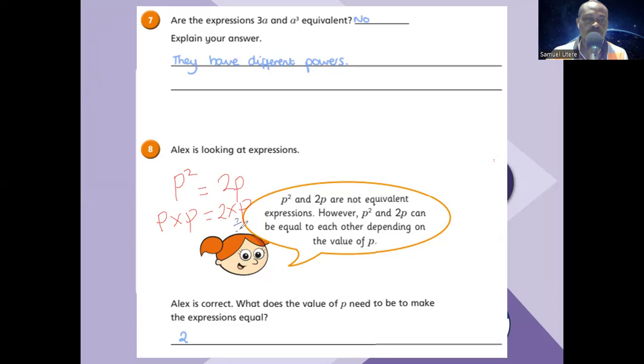So by doing that, we have divided this by p, and we have divided that by p. So this looks like this: p times p divided by p is equal to, see that we're doing the same thing all the time, 2 times p divided by p. So that p is now gone. That p is now gone. So the thing that is true when both expressions are equal to each other is p. You can see p is left and 2 is left. So p is equal to 2.